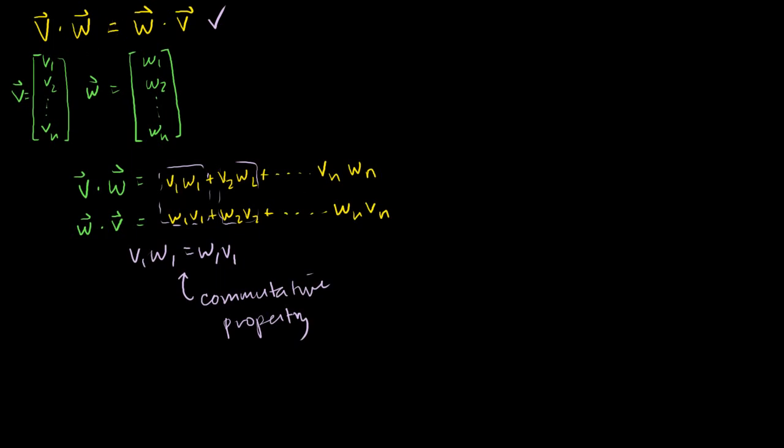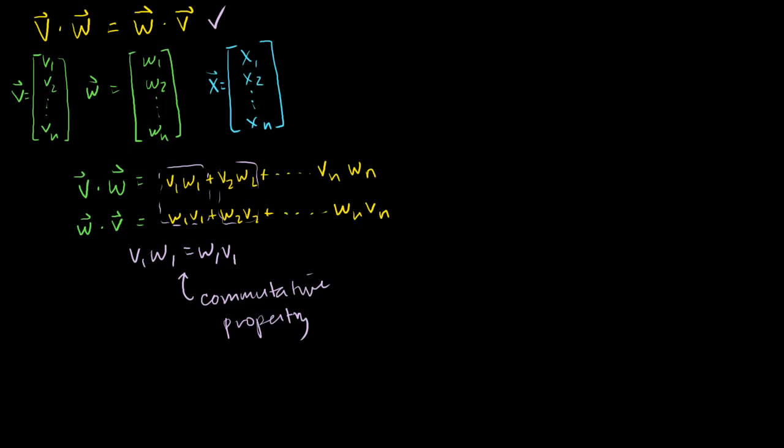Now the next thing we could take a look at is whether the dot product exhibits the distributive property. So let me define another vector x here, and you can imagine how I'm going to define it: x1, x2, all the way down to xn.